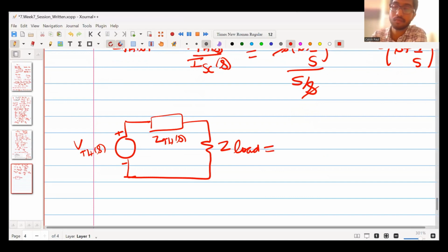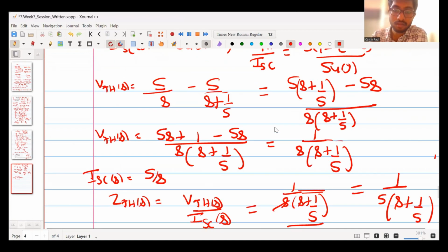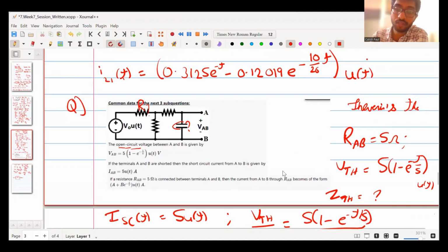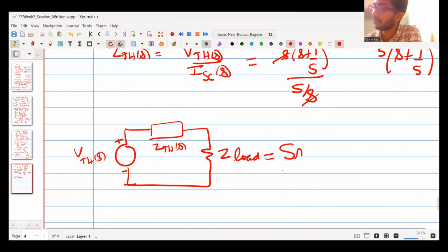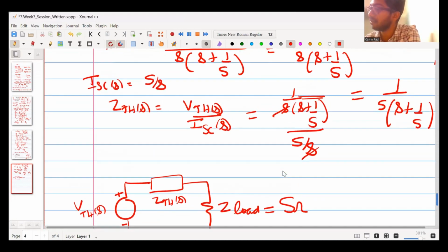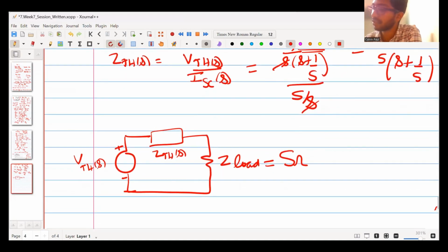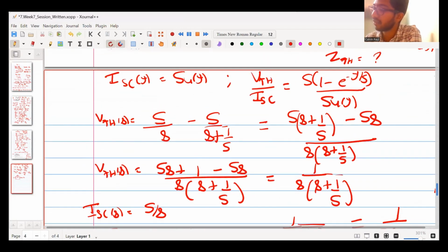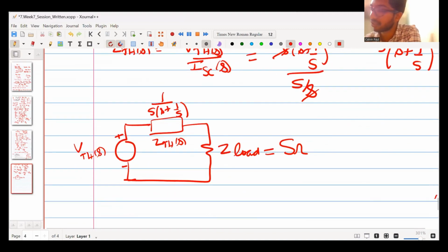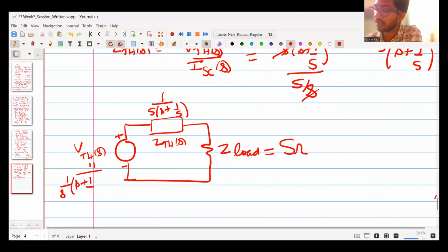How many ohms? 5 ohms. What is ZTH of S? It is equal to 1 by 5 into S plus 1 by 5. And VTH of S is equal to 1 by S into S plus 1 by 5.